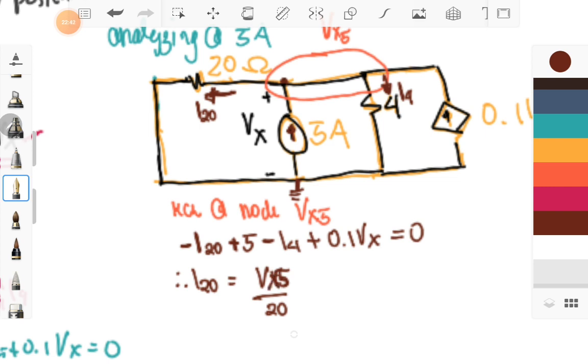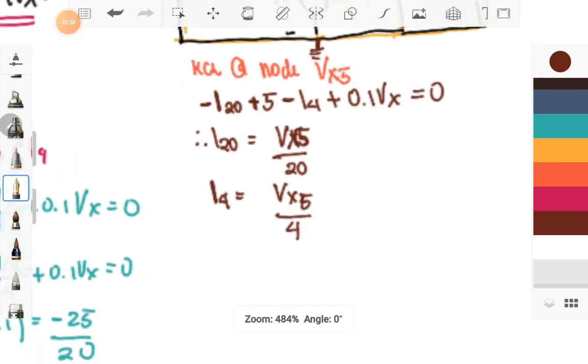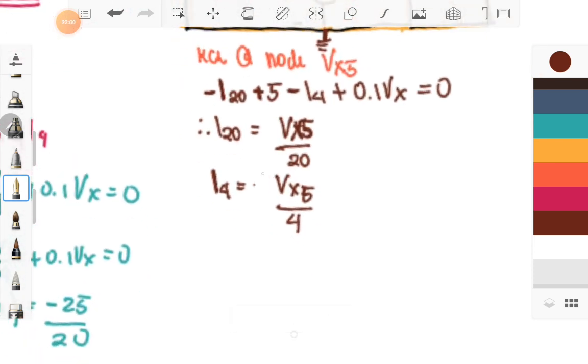That is our I20. And our I4 is just equal to Vx5 all over 4. Okay? So let us substitute. So we have I20 substituting the values.